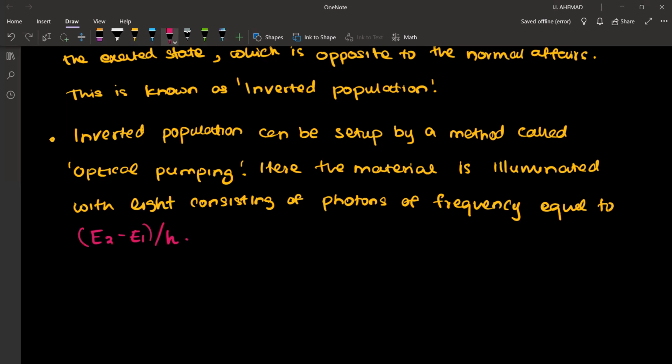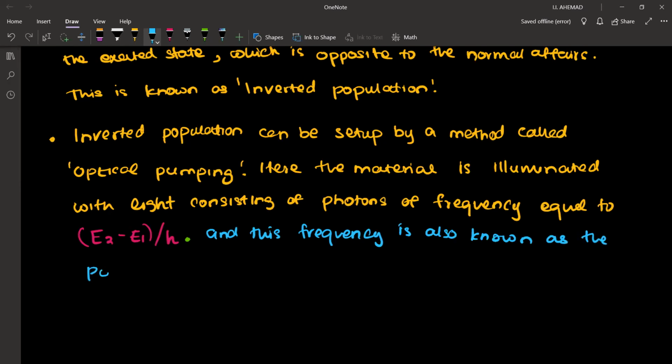Okay, and this frequency is also known as the pumping frequency. Let's write about the pumping frequency in the next note.